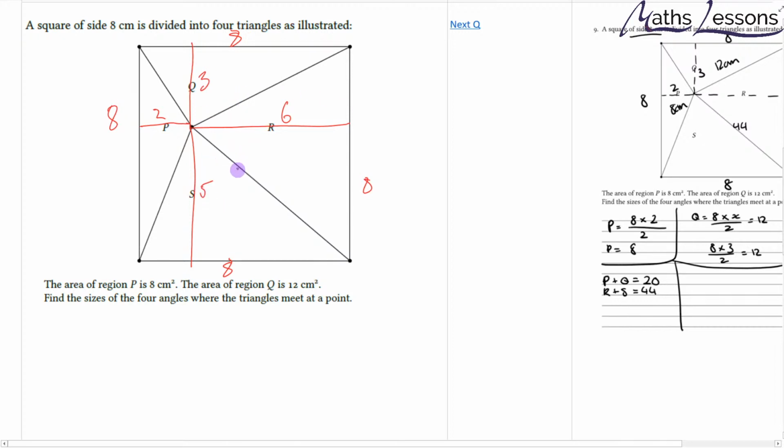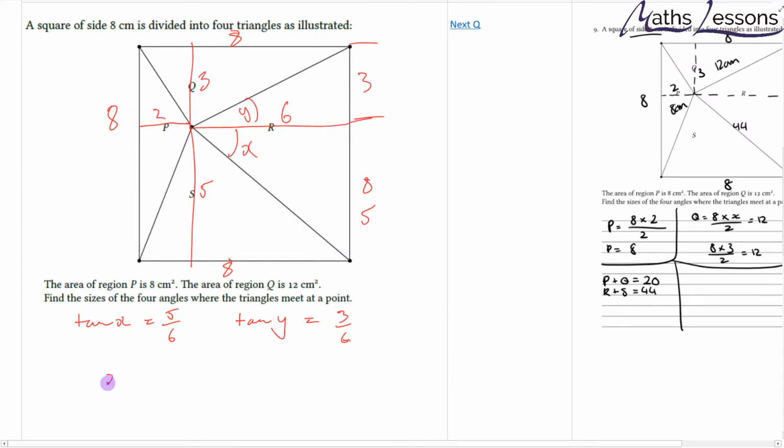Now we're going to work out the angle here. We know that this distance is 6, and we know that this distance here is 3, and we know that this distance is 5, and so we can have this angle x. Tan x will equal the opposite over adjacent, so 5 over 6, and tan y will equal 3 over 6.